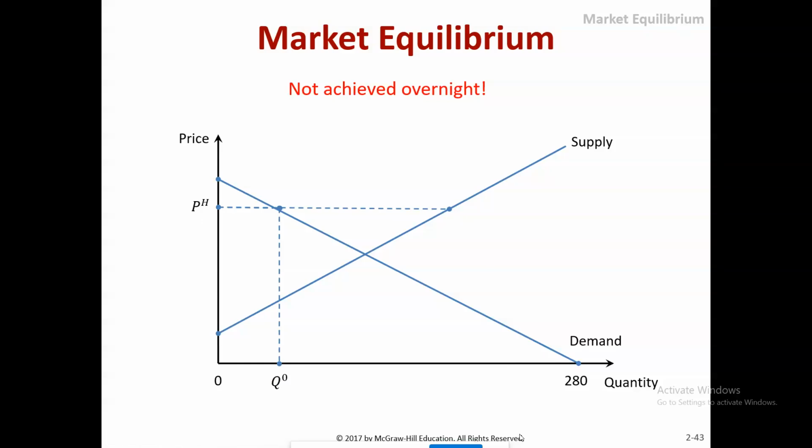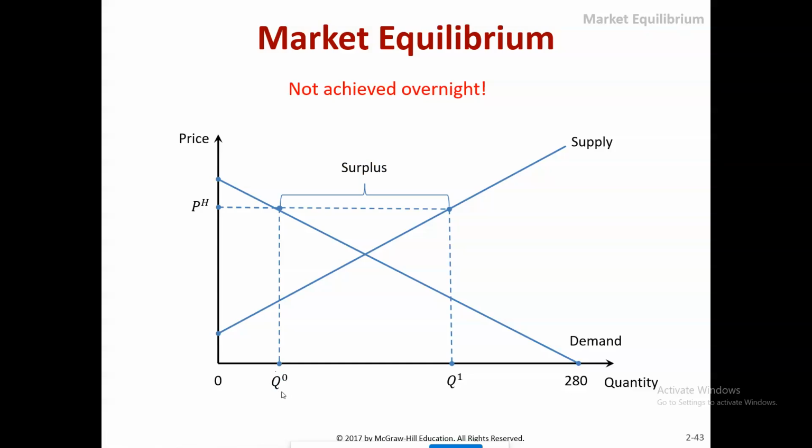But at such a high price, the sellers are willing to produce a lot, at Q1. So there is a gap between quantity supplied and quantity demanded. There is too much beef filet mignon out there in the market, resulting in a surplus.